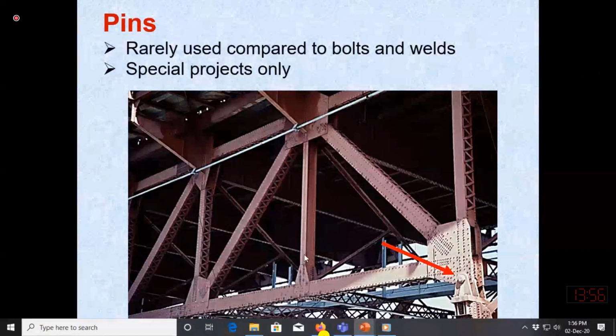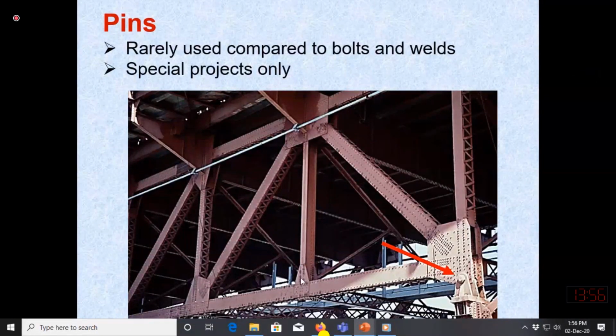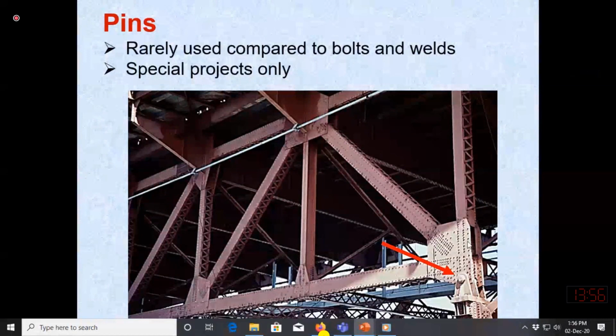So our connection will be a lap joint, where the gusset plate is lapped with the member. We may be connecting the flange with the gusset plate. One plate may be thicker and the other thin. So we do not have any butt joint, rather we have the lap joint. Here you will see the gusset plate is used on both sides in case of the built-up section.